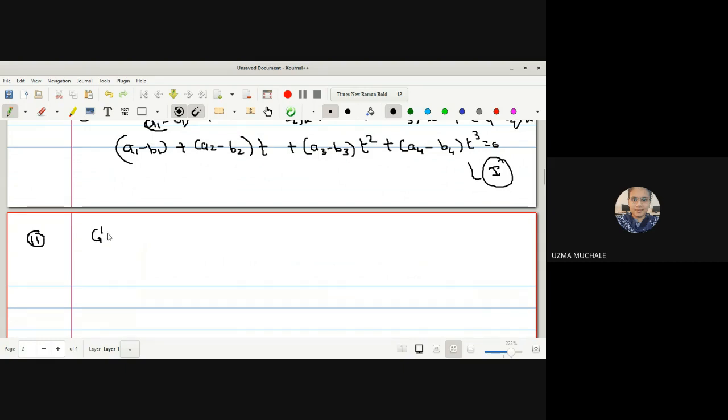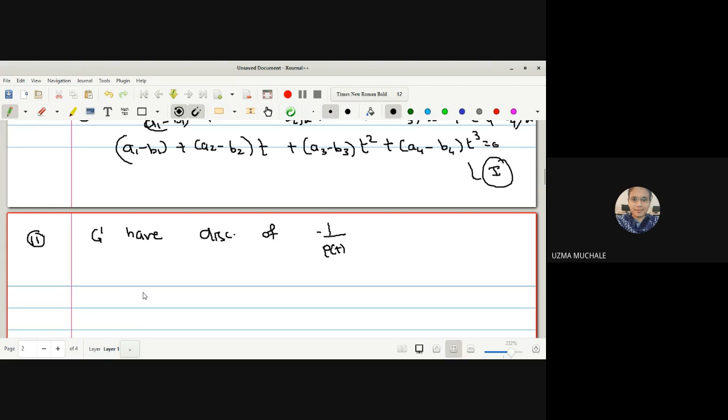G dash, or derivative of G, has discontinuity of magnitude minus 1 upon P of t. Again, you can check what is the highest order derivative, y raised to 4, and what is the coefficient of y raised to 4? It is 1.